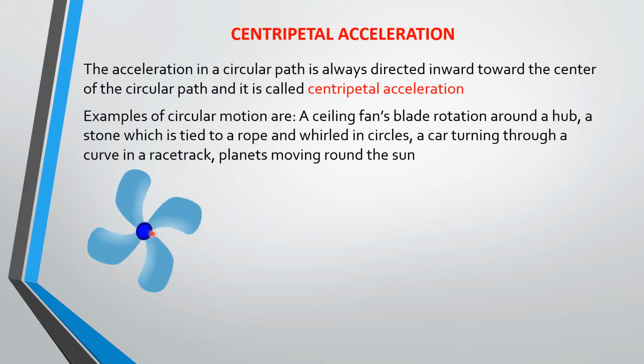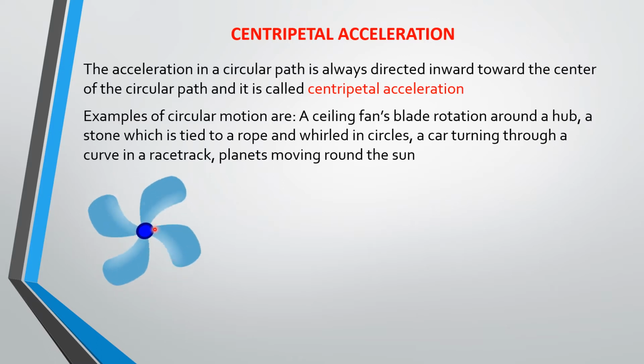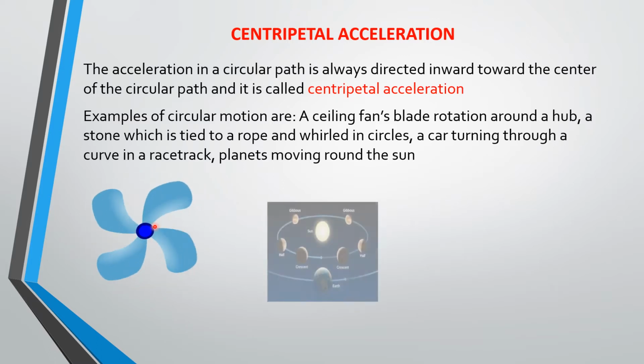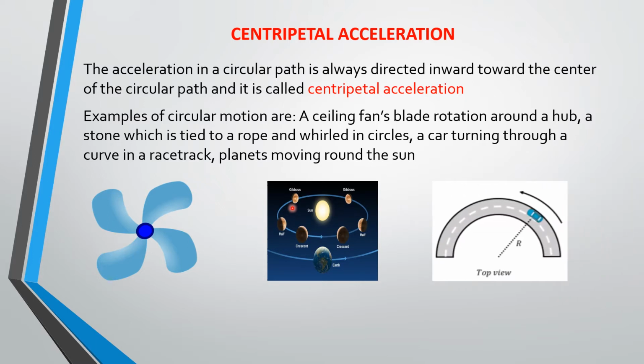Then a stone that is tied to a rope, which is whirled round, also undergoes a circular motion. Then the planets too. If you study the solar system, you know that the planets move around the sun in a circular motion. Then a car that is turning through a curve, like this car that is turning through this curve, is describing a circular motion.